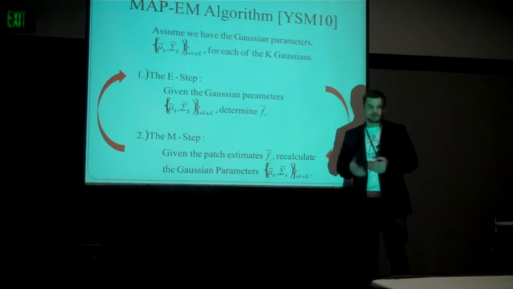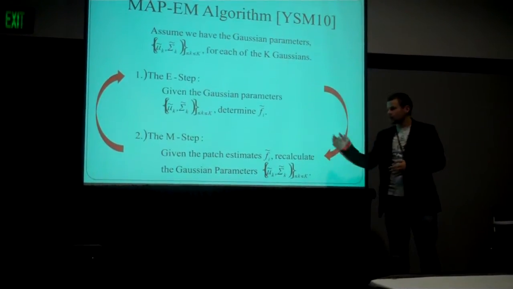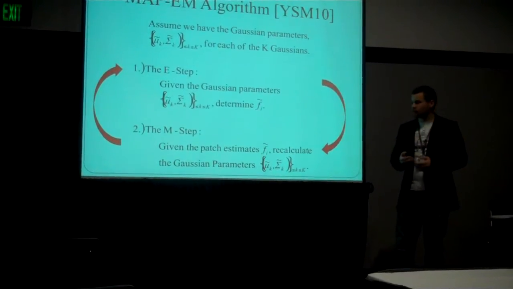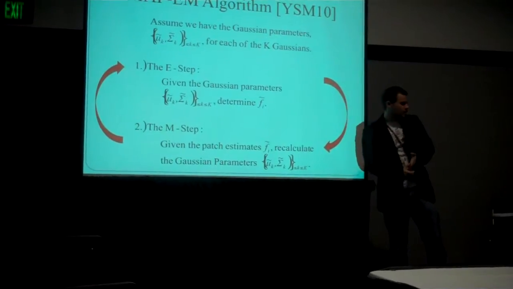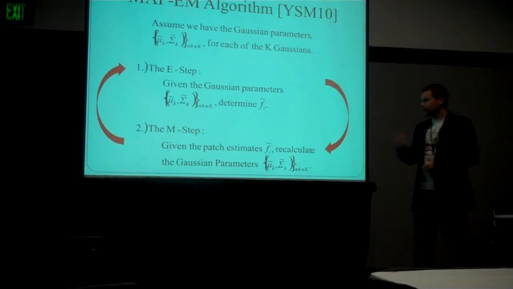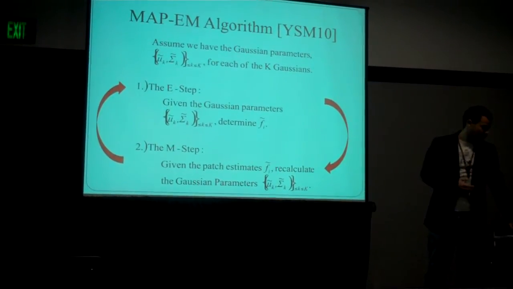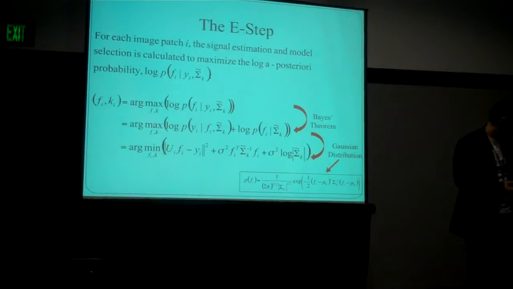And then once we've done that for all the patches in the image, we go through the M step, which is where we reevaluate the mean and the covariance for each one of our Gaussian clusters. And then we loop through that. The usual is 3 iterations, and then we're done.